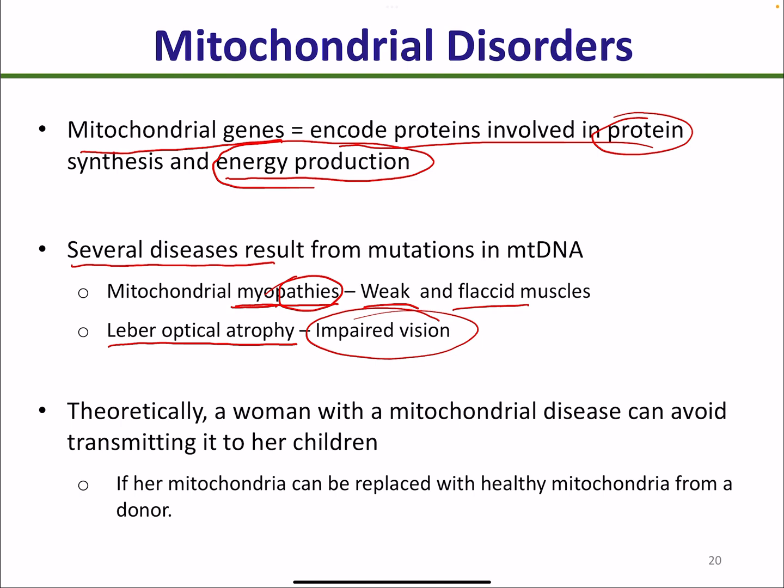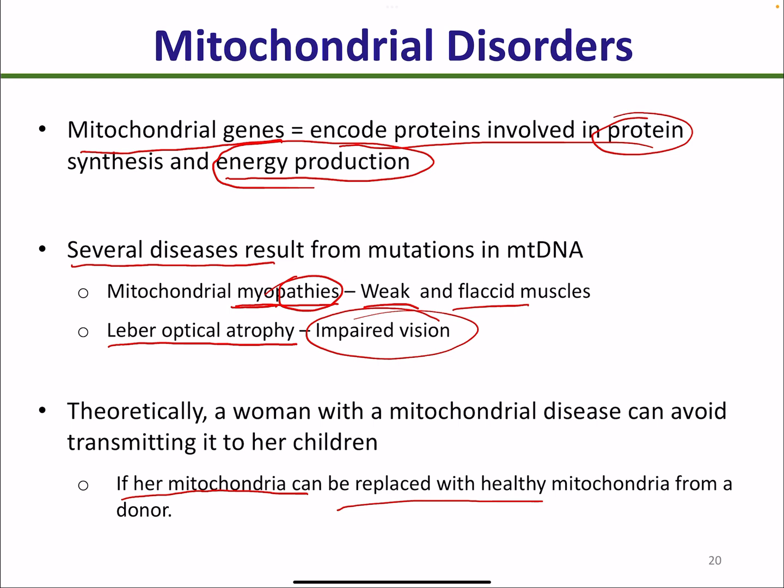right? Now, theoretically, a woman with mitochondrial disease can avoid transmitting it to her children, but how? Only if her mitochondria can be replaced with healthy mitochondria from a donor person, right? That's theoretical.